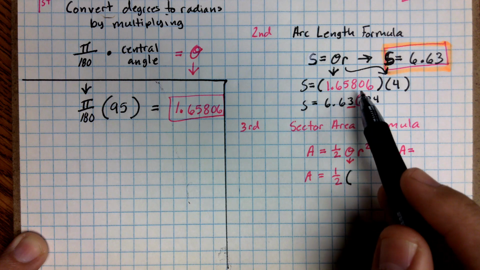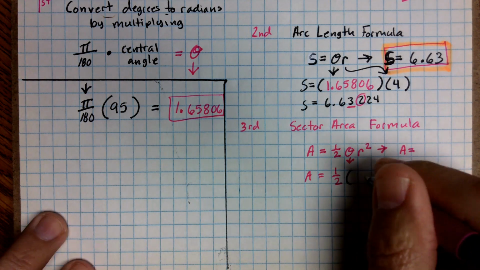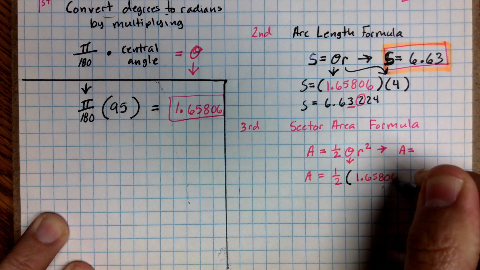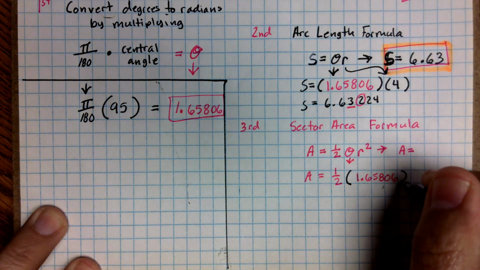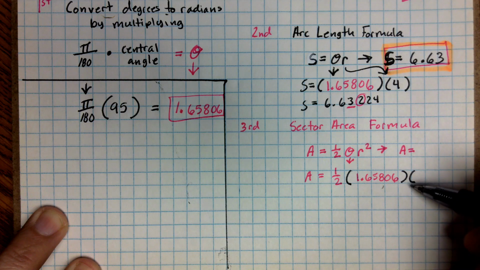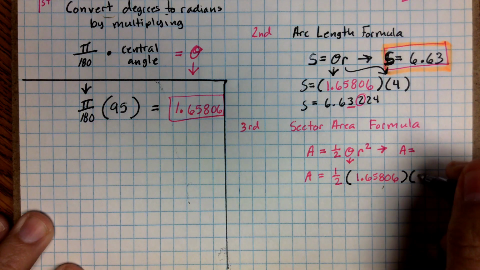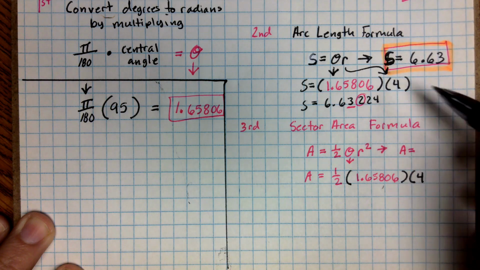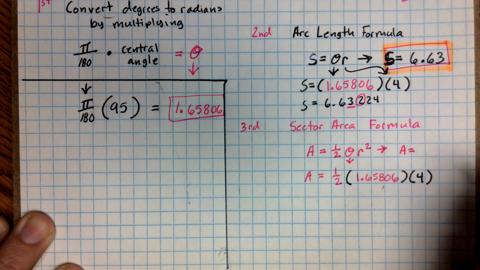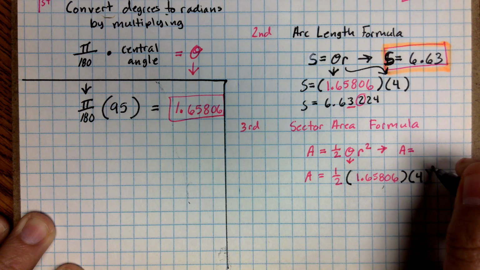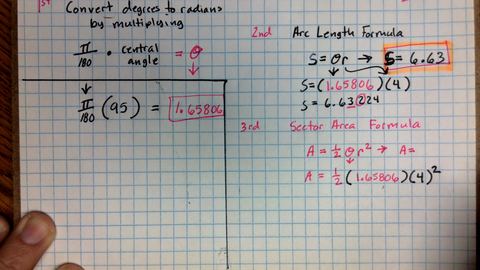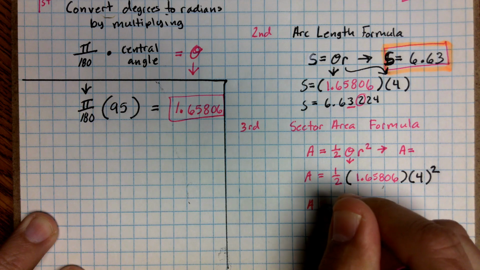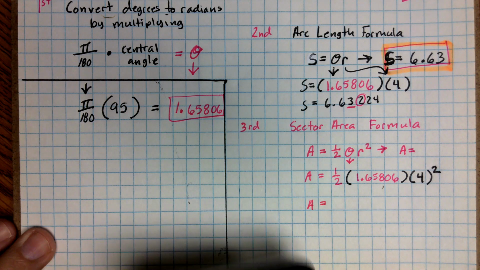And it's 1.65806. And then times the radius, and the radius on our shape was 4, the same value we used here. The only difference is now we're going to square it. And then we'll write our final answer and round it to the hundredths place.